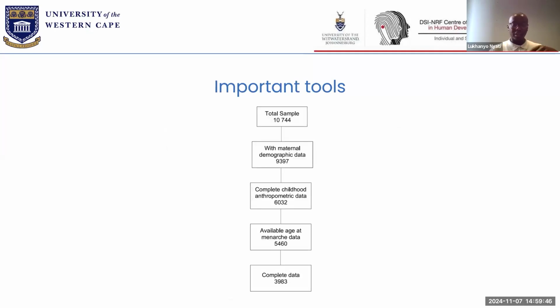And this just shows the sample that we used for this particular study. We ended up with complete data of close to 4,000 individuals, and we had a cascading process of eliminating individuals from the final data set.